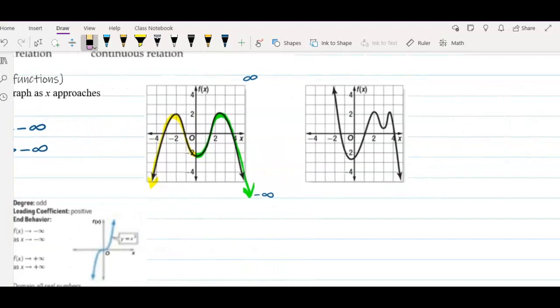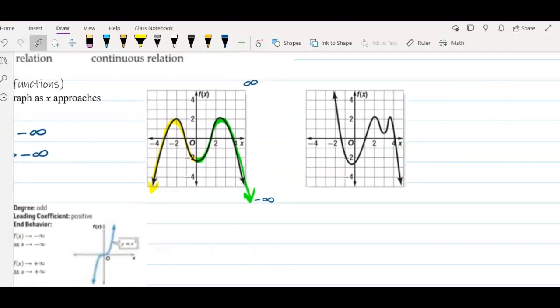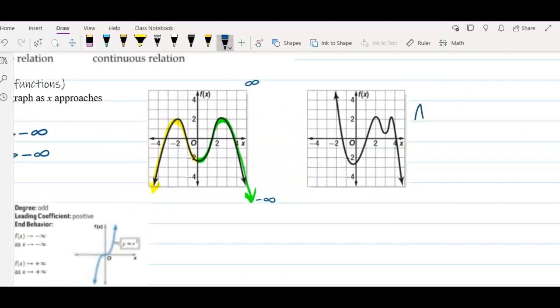Let's try to find the end behavior of this second example. Again, we're going to have x going to the right, and we're going to have the other end going to the left. And we need to explain what f of x does for each of these.